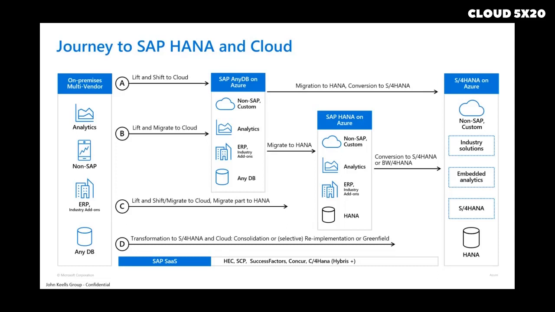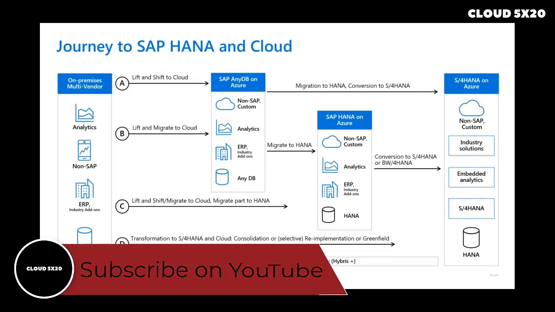But we can't do it, because so much depends on the environment. The bigger the database, the more internet capacity you need in order to transfer that data to the system, to HANA, and do a conversion, right? So ideally, we don't do that here. We basically do a lift and shift or a lift and migrate, and then we do a HANA conversion.